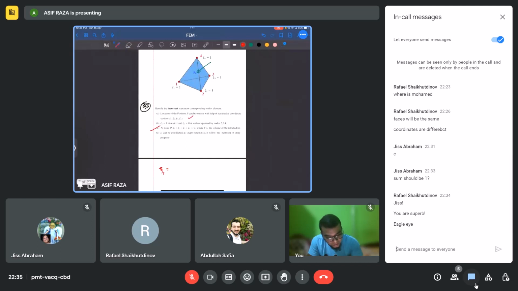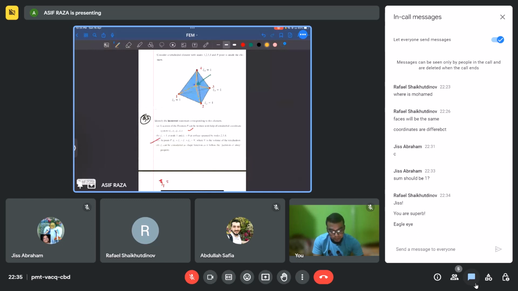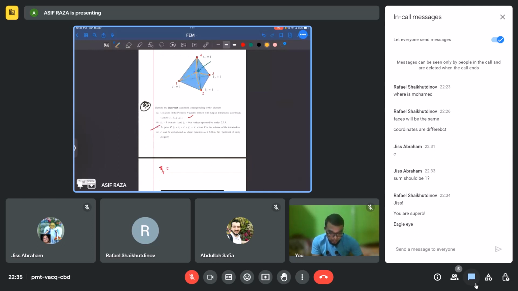Rather, I'll just draw here. Connect this one, this one, this one. So, connecting this point P to each of the nodes will divide this tetrahedron into four tetrahedra again.